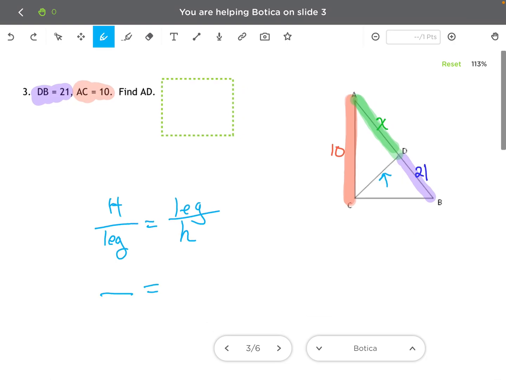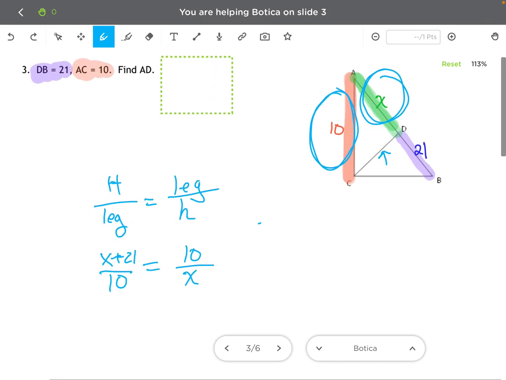We do the leg is 10, the entire hypotenuse, which is X plus 21, and then the part of the hypotenuse touching the leg. That's the X. When you cross multiply this, you should get X squared plus 21X equals 100.